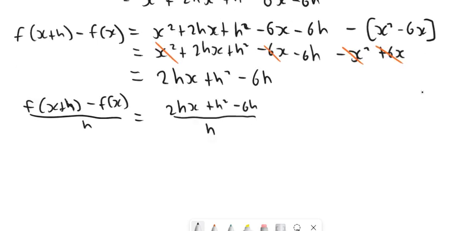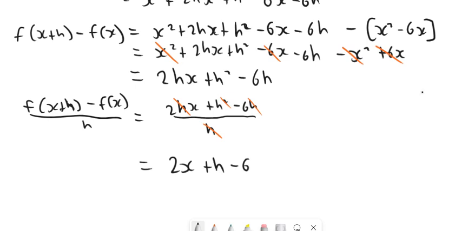So these will take up a lot of room on your page, so give yourself loads of space with these as well. Give yourself a big page to do it on, and don't squash things in together because it'll just make life difficult. So the h will divide in, then the h is gone, that squared is gone, and this h is gone as well. So we're left with 2x plus h minus 6.